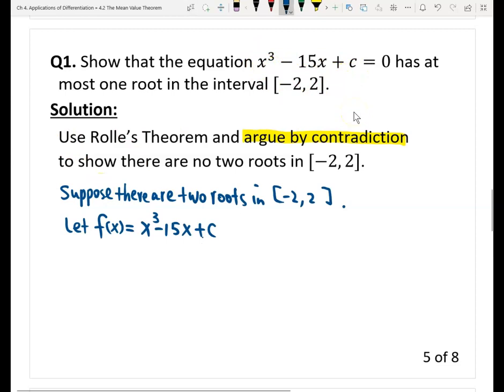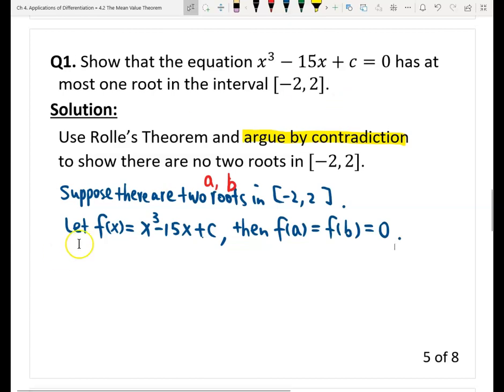Because we already set up the hypothesis, there are two roots, so let me write down here: two roots, one is a, another is b. So we have f(a) equals 0 and f(b) equals 0, which means f(a) equals f(b) equals 0.